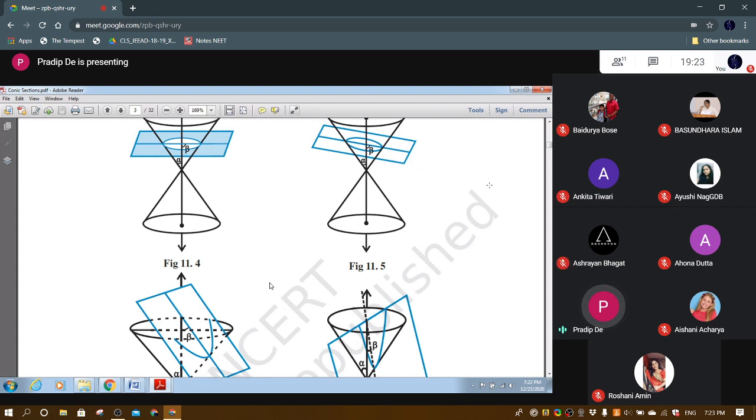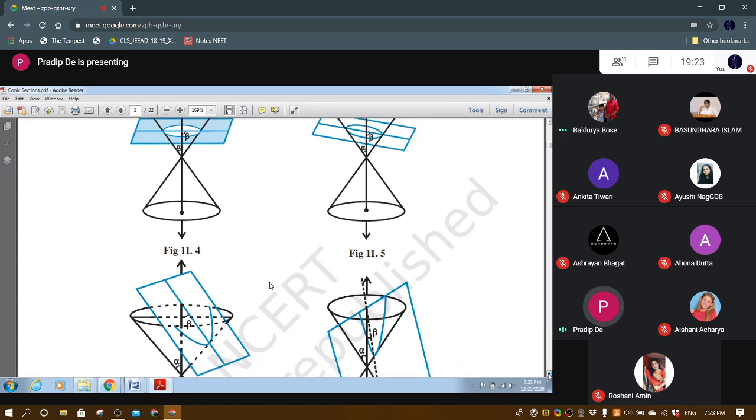Parabola and hyperbola. We will get a pair of straight lines, and that is a degenerated case of hyperbola.